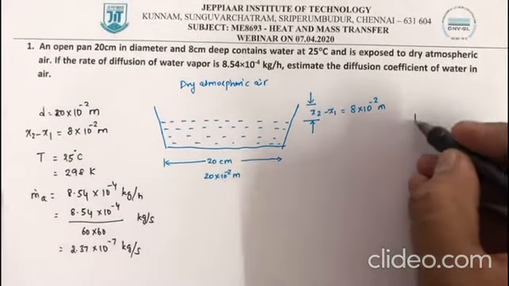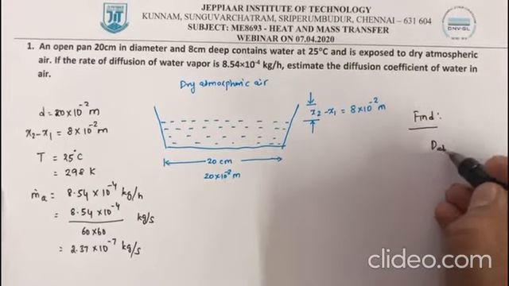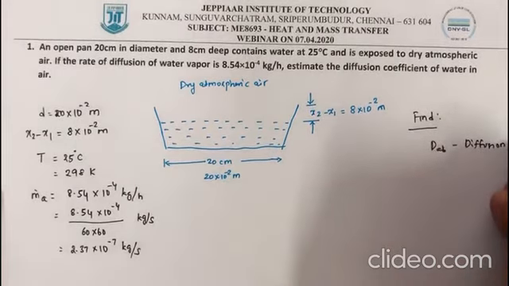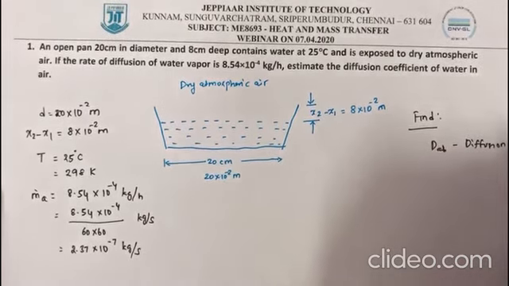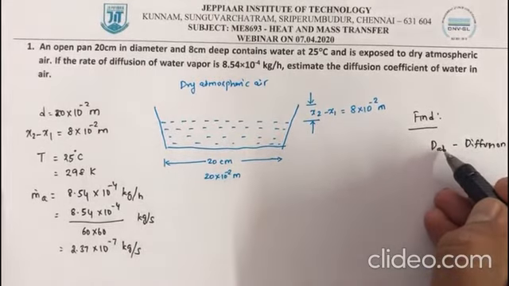Now what you have to find is the diffusion coefficient of water in air. So A could be water, B is air.